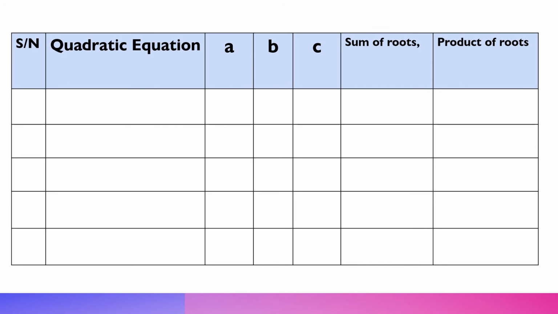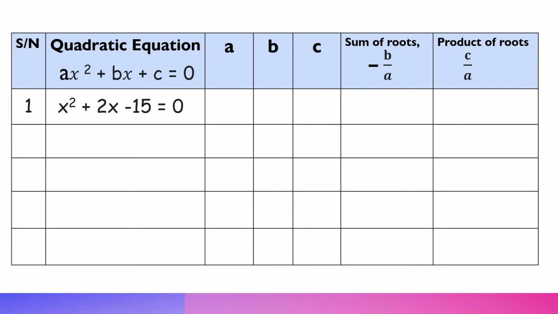Now, let's look at these examples of quadratic equations where we're able to calculate the sum of roots and also the product of roots without going through the process of solving for the roots of the equation before being able to calculate the sum of roots and the product of roots.